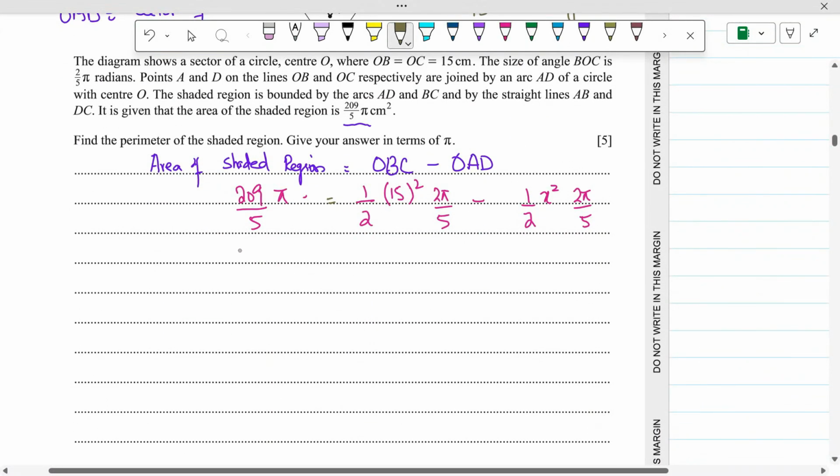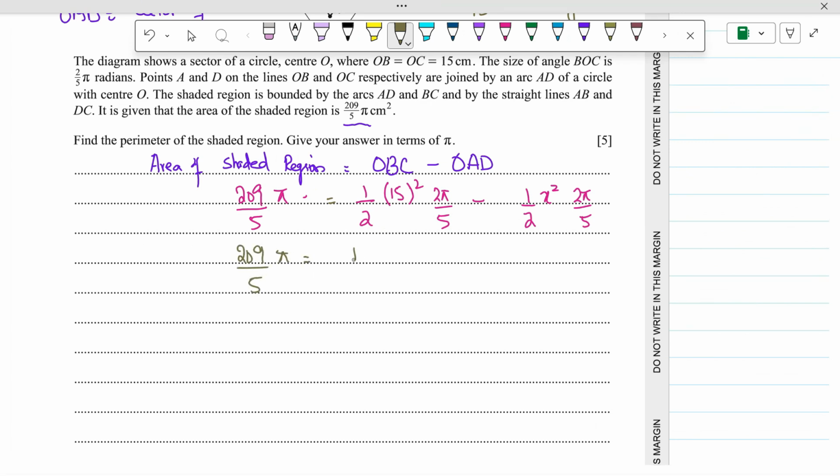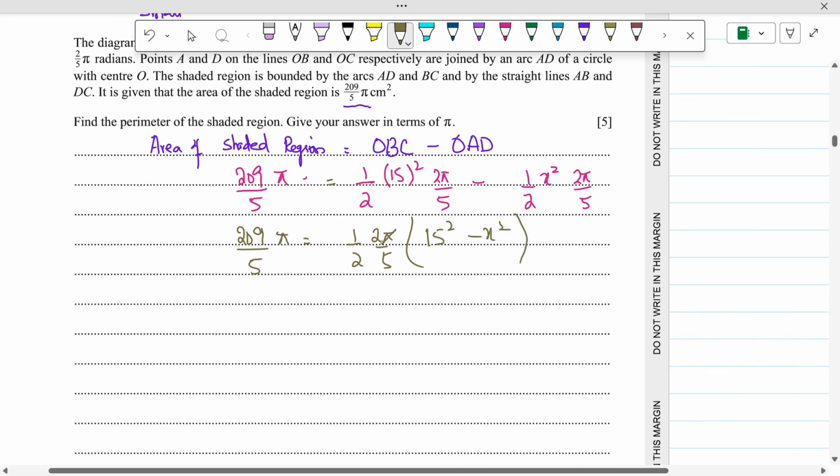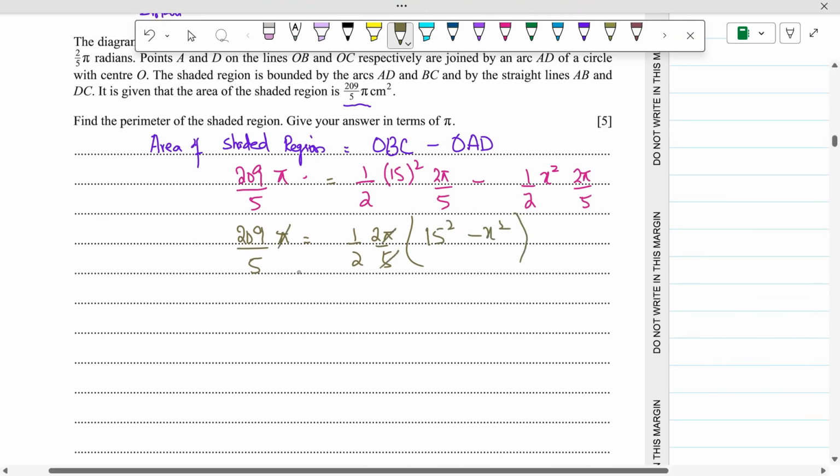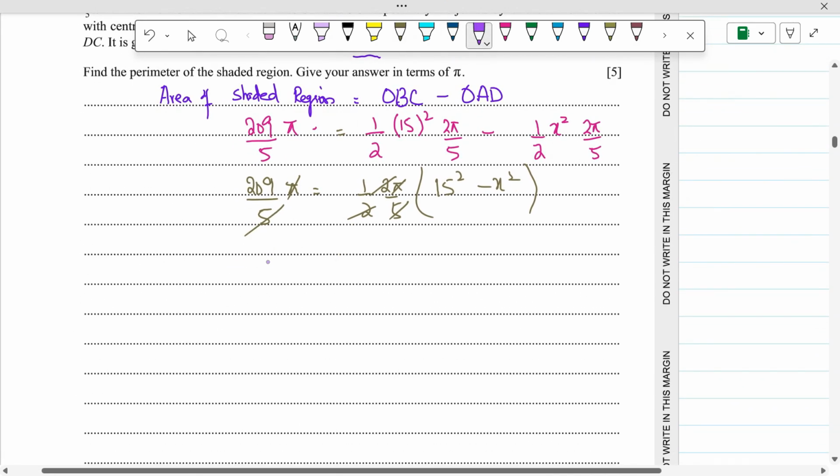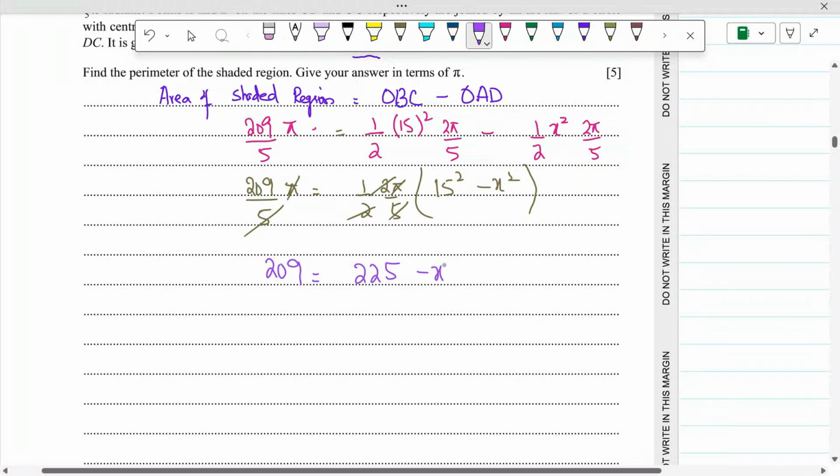Now, further solving, we have 209 over 5 pi equal to, taking 1 over 2 and the angle 2 pi over 5 common from both terms, 15 square minus X square. So this pi will cancel out, this 5 will cancel out, and this 2 will cancel out. So we have 209 equals 15 square, which is 225, minus X square.